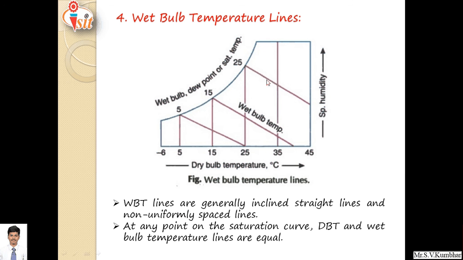At any point on the saturation curve, dry bulb temperature and wet bulb temperature are equal. If you consider points like 5, 15, 25 on the saturation curve, the dry bulb and wet bulb temperature lines are equal.